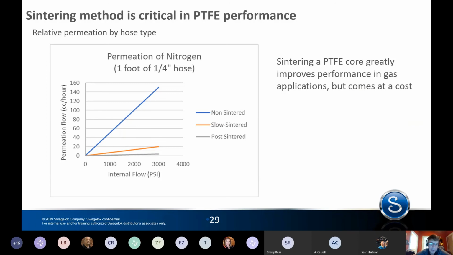And the post-sintered hose is a slower process and costs a little more to do, so it's not always the right answer, but in the case where permeation matters, it is a drastic improvement. It will not perform the same. Not all PTFE hoses are the same. It's very important to understand how important permeation is when selecting a PTFE hose for a gas application.